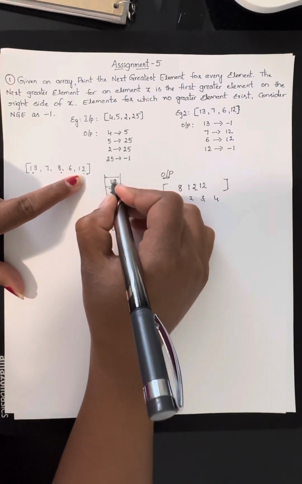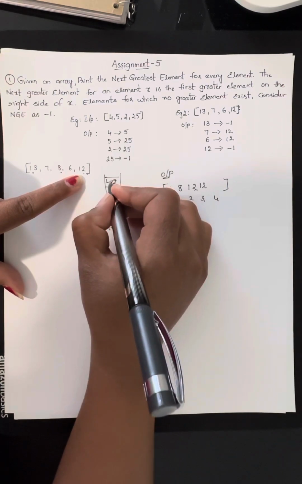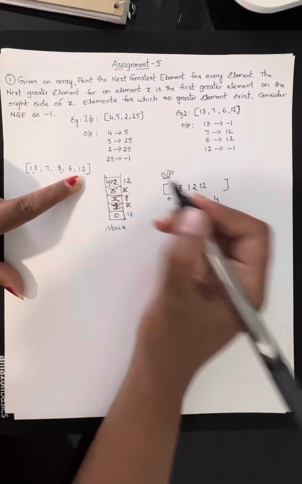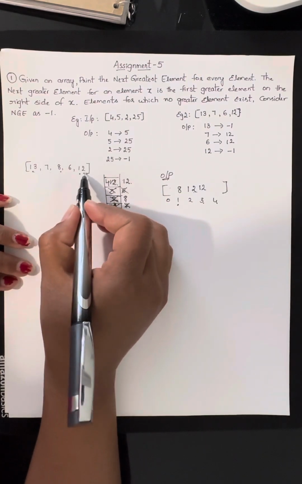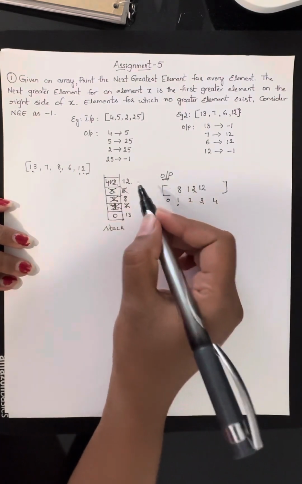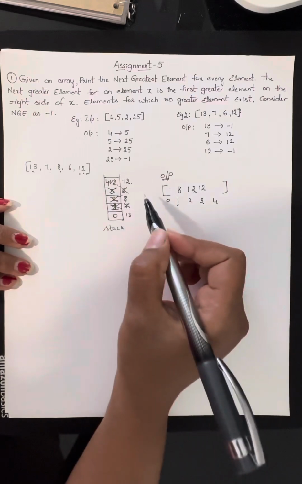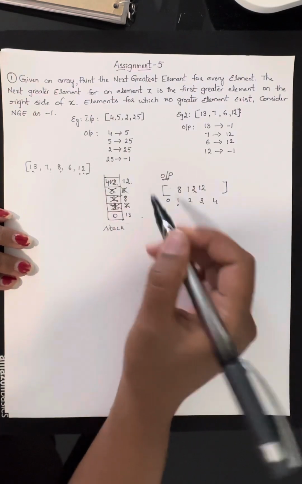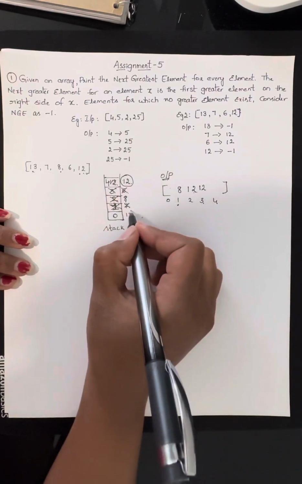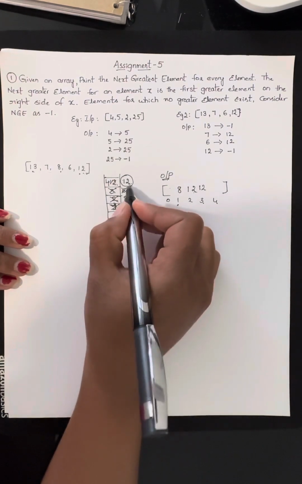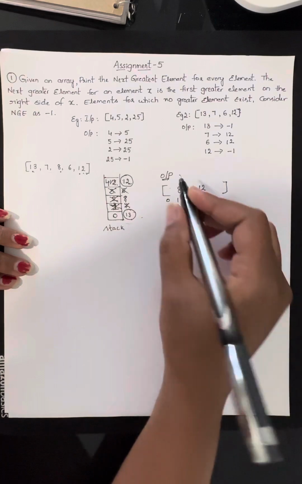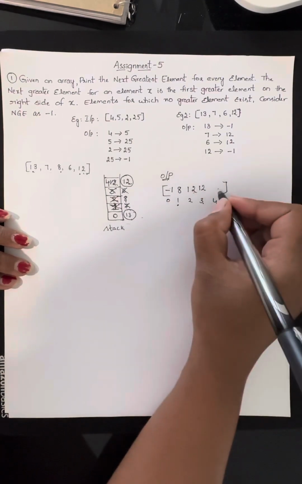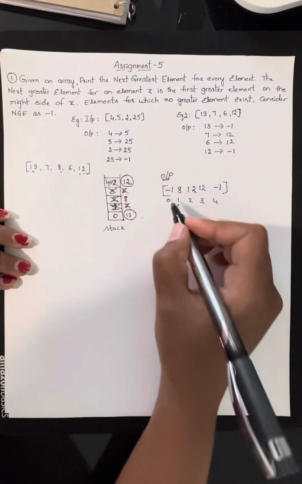Sorry, the index of 12, which is 4. Now we have iterated through the input array, and after finishing the iteration, we'll check the stack. The numbers that are left are 13 and 12. For both of these numbers, we just put -1 as the next greatest element.